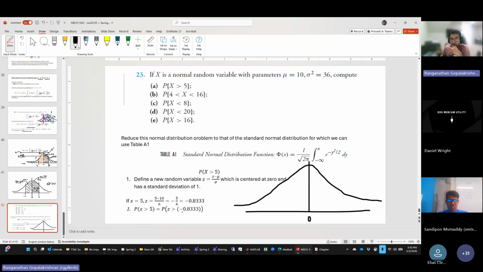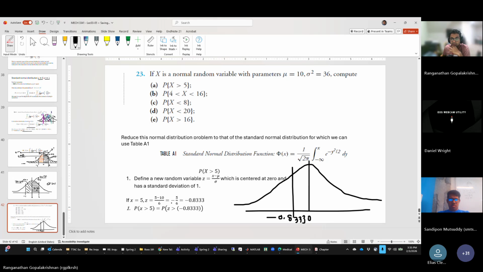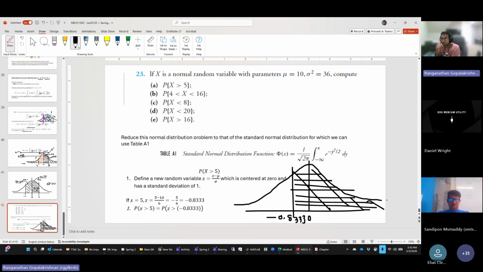And when you say Z greater than minus 0.83, let's say minus 0.83 is here. That means you are interested in the area to the right of it. You agree with my shaded area? First, you have to identify that. Yes, everyone? Can you explain why it's centered at 0 and not 10?